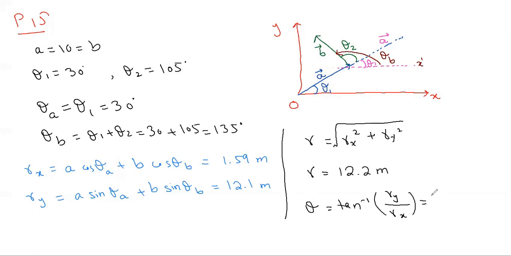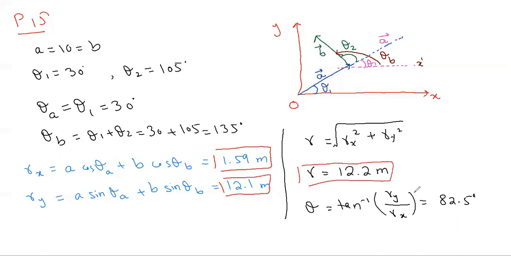Just put in the values and the answer will be 82.5 degrees. So now again, let me box all of these. This is the x component of the resultant vector. This is the y component. This is the total distance, and this is the angle.